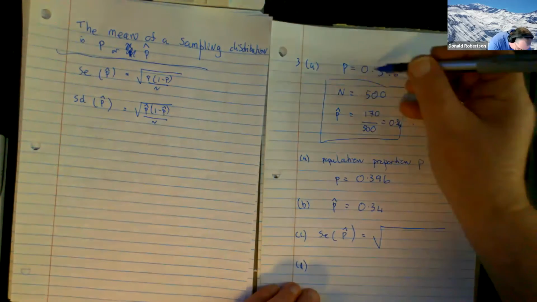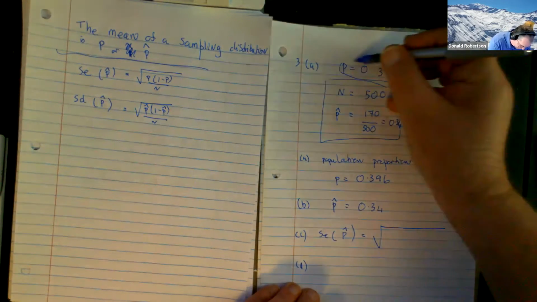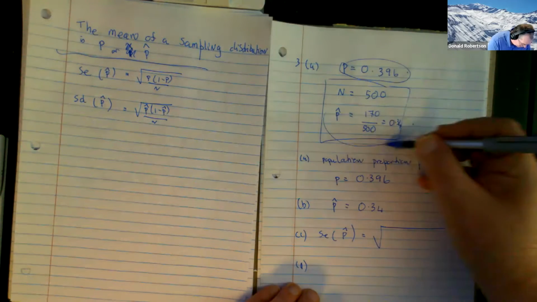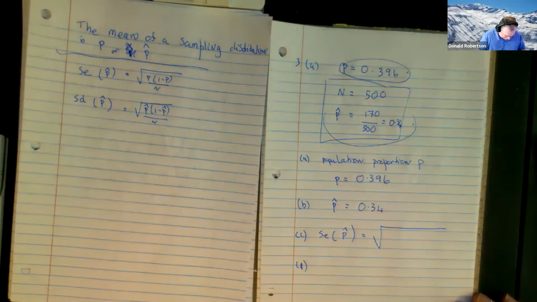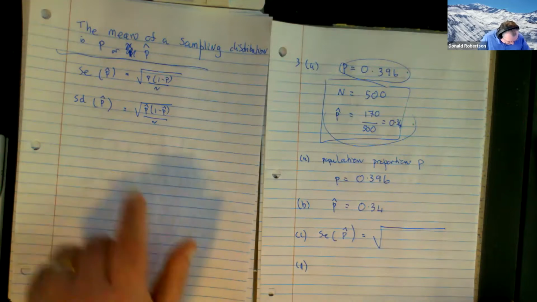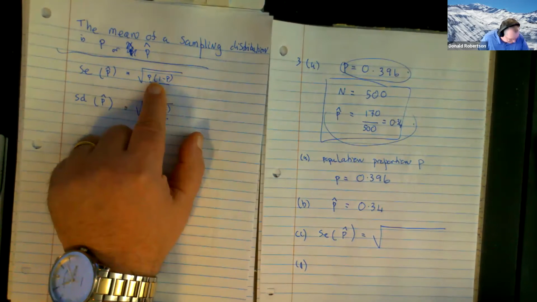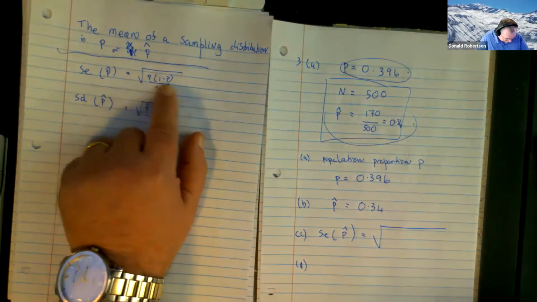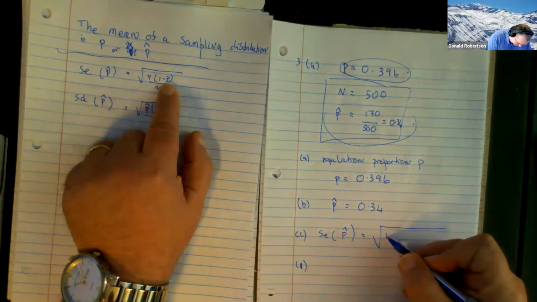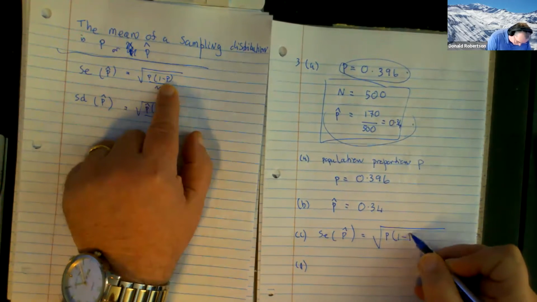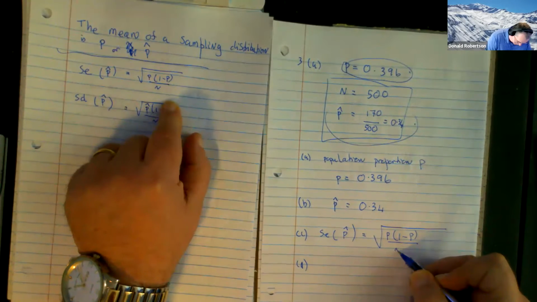I have two numbers I could be using, this one or this one. They asked me to find the standard error, so that means I'm using the one with the P in it. So it's the square root of P times 1 take away P over N.